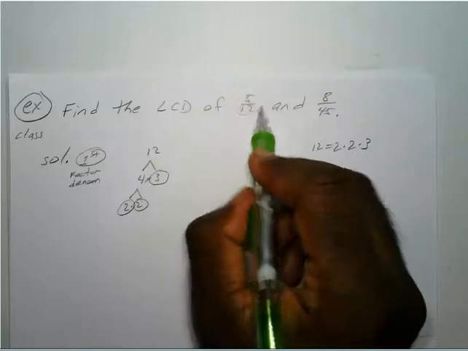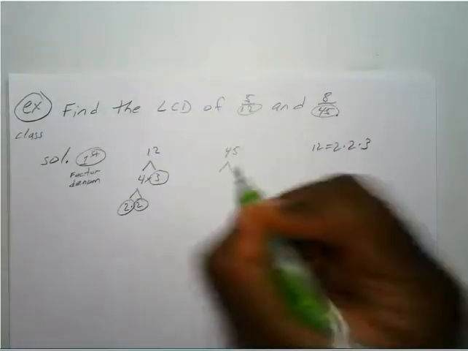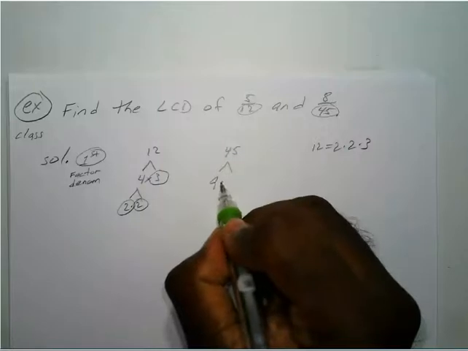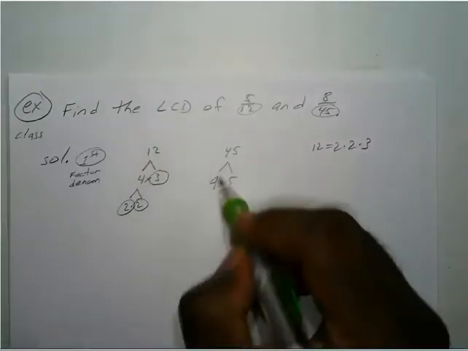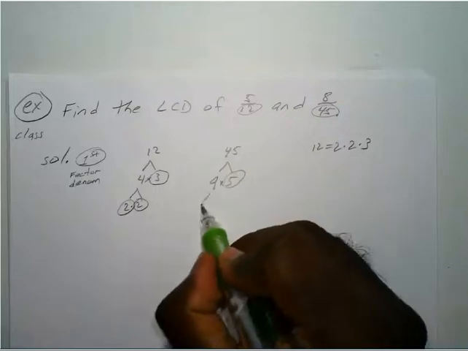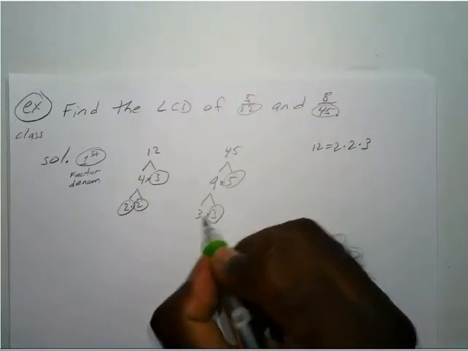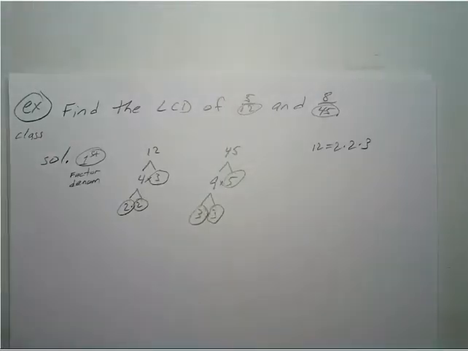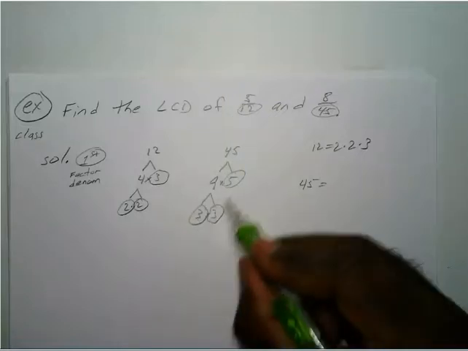The second denominator, you have 45. Remember, that's 9 times 5. The 5 cannot be simplified anymore, but that 9 becomes 3 times 3. And neither one of those 3's can be factored anymore, so we go ahead and circle those. So we know that 45 is equal to 3 times 3 times 5.